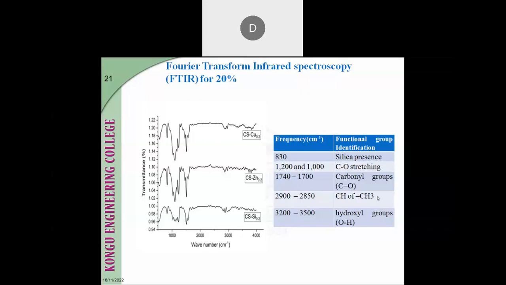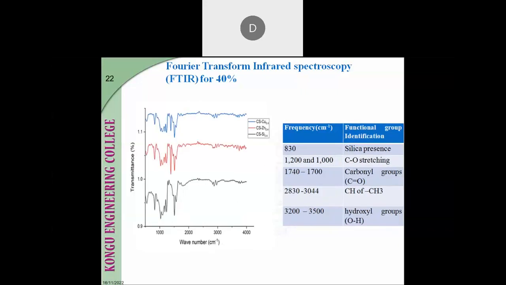And of course now, this slide shows the FTIR, that is infrared, for 40% metal mixed biochar electrodes. Here this shows the combination of 40% of the individual metals.